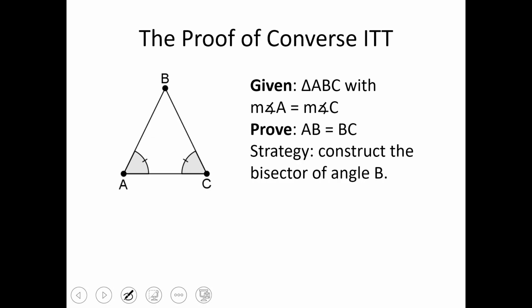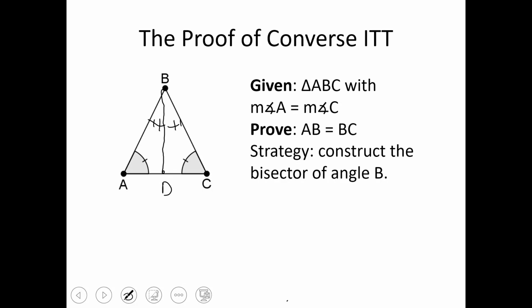And you might recall that in our first proof, anyway, of the ITT, we did this by the introduction of an angle bisector. We can now do the same here. So let us introduce the angle bisector. The angle bisector will be the angle bisector of B, and this will go down to a point, let us call it D on AC, and then consider the 2 triangles that result.